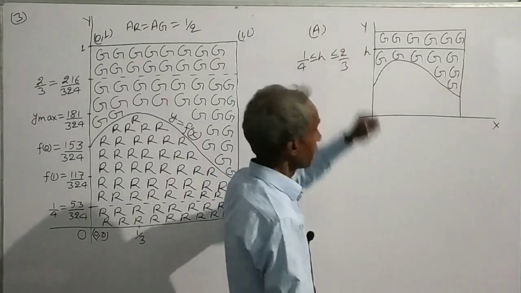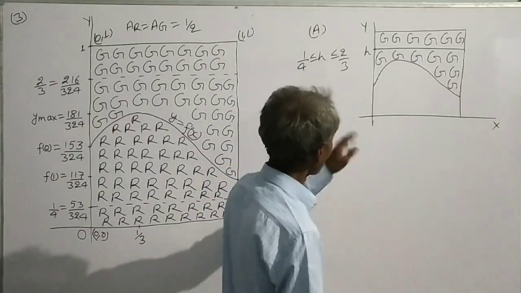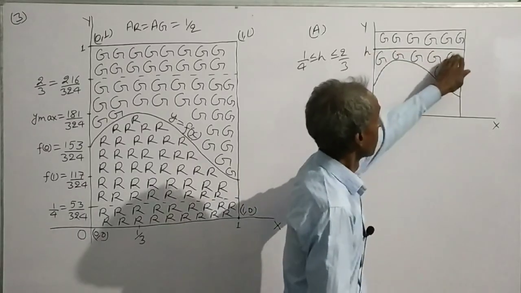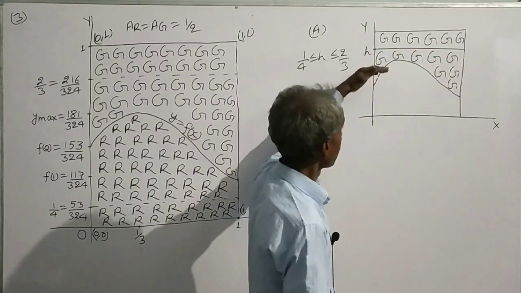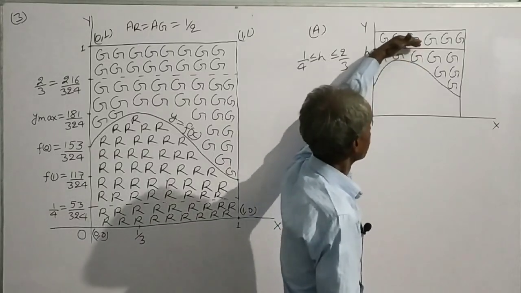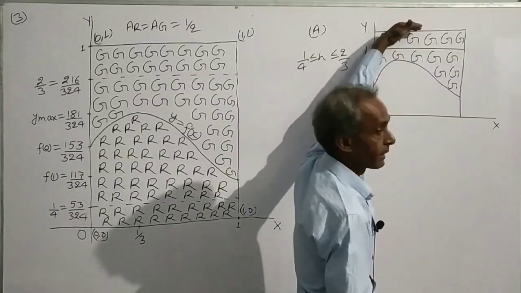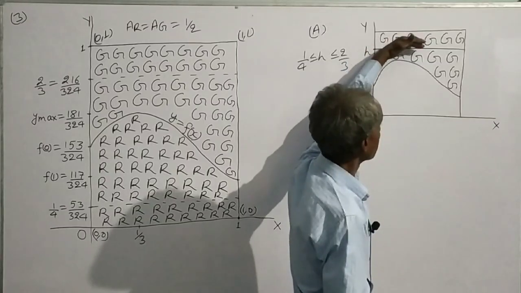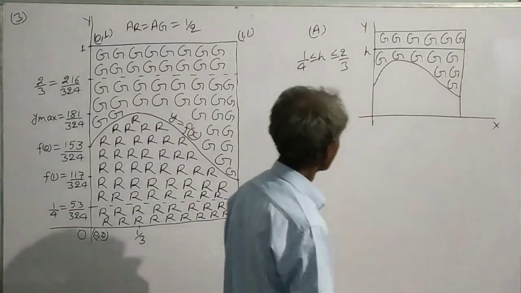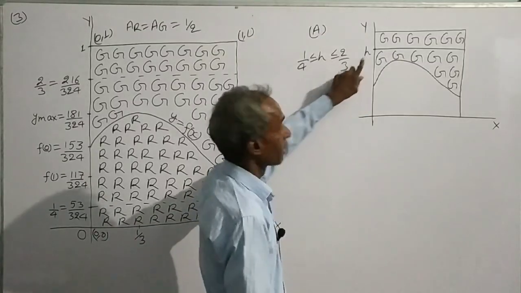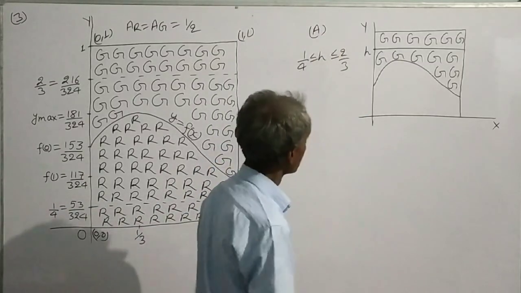In option A, it is said that a horizontal line at a height h exists such that the area of the green region above this horizontal line is equal to the area of the green region below this horizontal line, and h lies between 1 by 4 and 2 by 3.